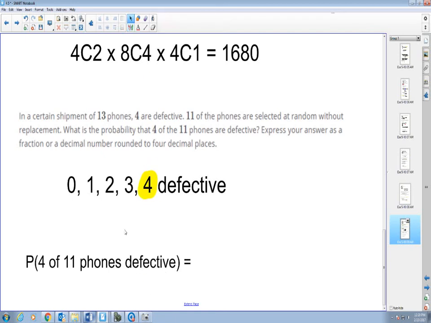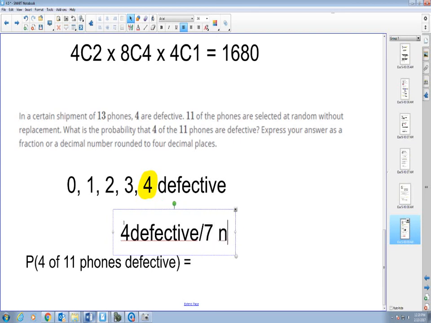If you think about this scenario, if the 4 are defective, that means out of the 11 phones I'm going to select, 4 are defective. That means the other 7 are not defective.